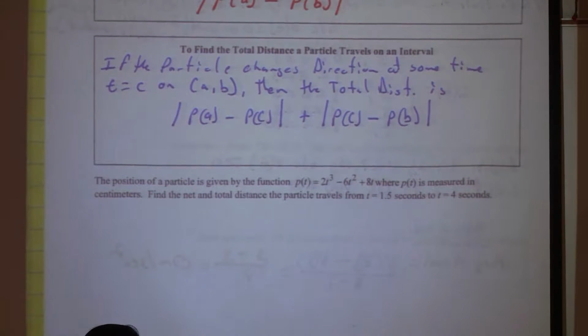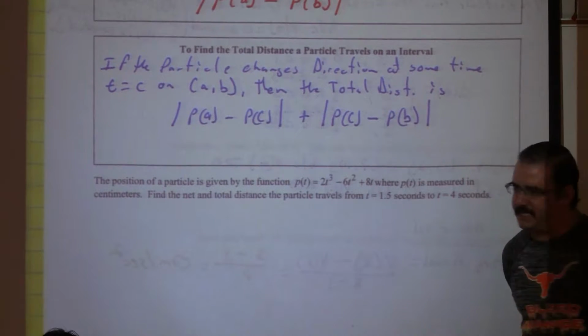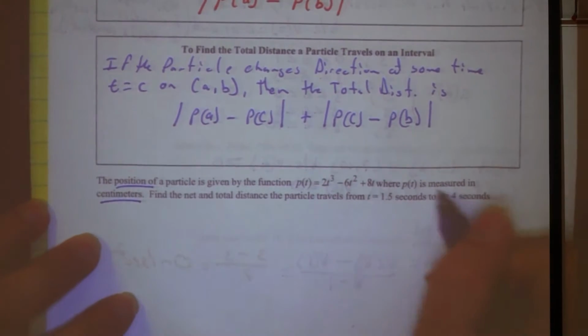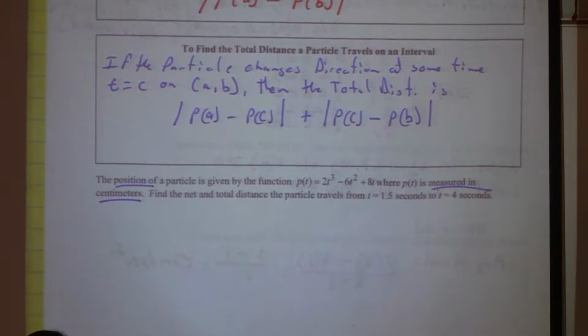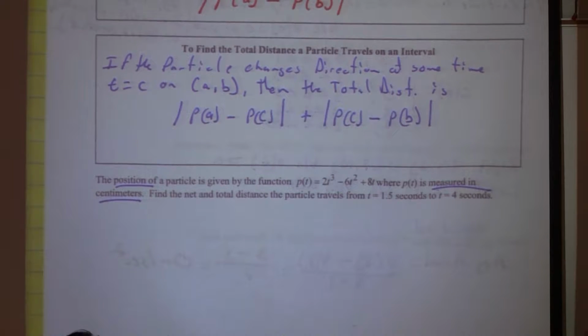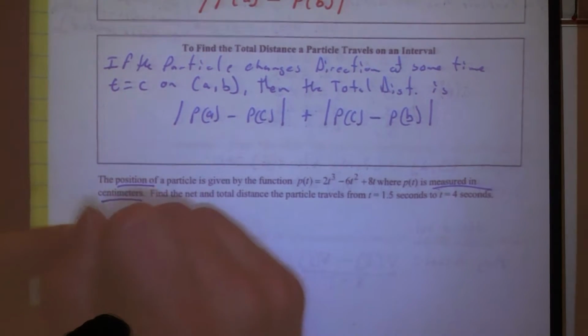Alright, so it says the position of a particle is given where P of t is measured in what? Centimeters. So they're giving me position and it's measured in centimeters. Remember the units. Find the net and total distance the particle travels from time 1.5 to time 4 seconds. Okay, so let's find the net distance, because that's easy.